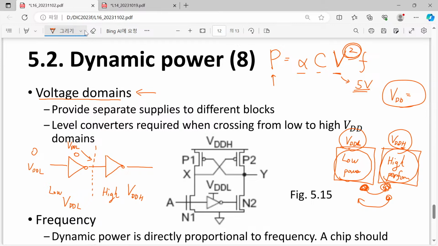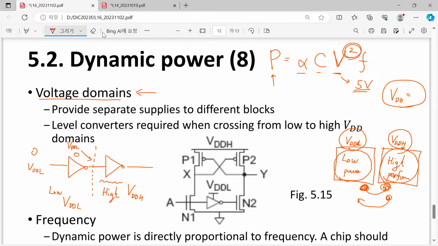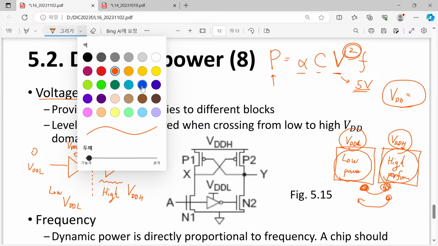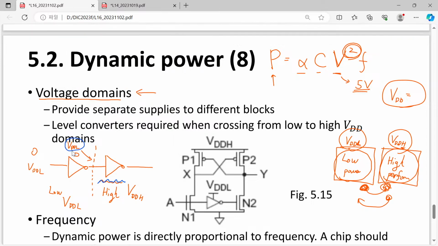But the point is, if we have this second inverter, then this VDD low is not sufficiently high to drive our value to 1. Okay, so are you with me?